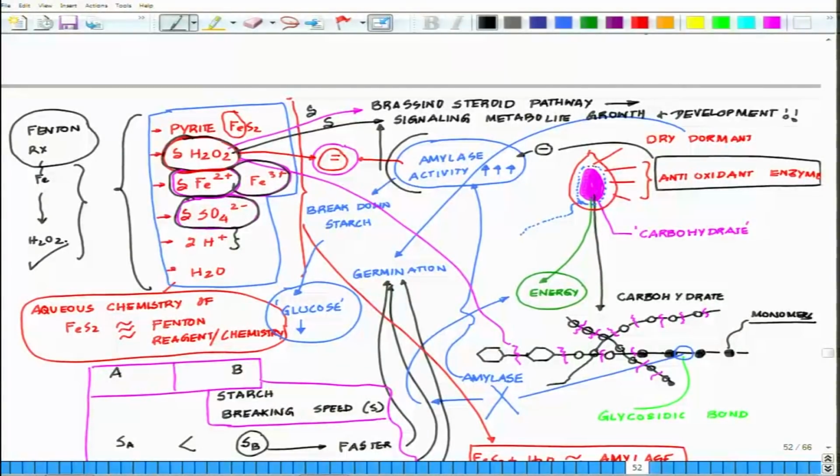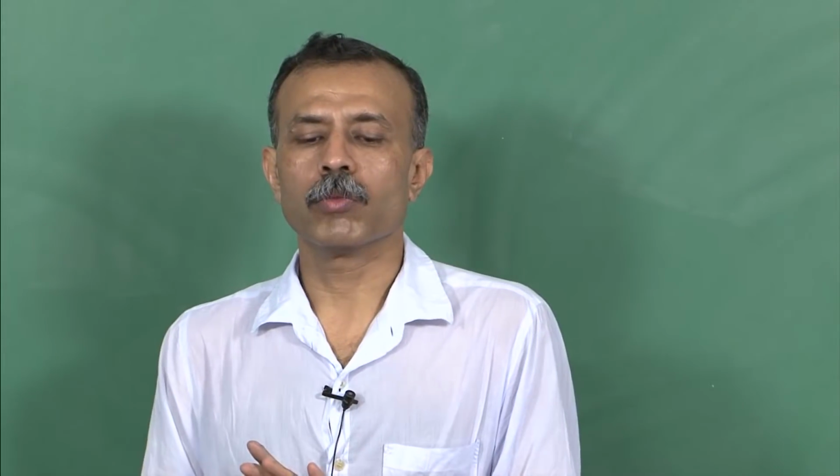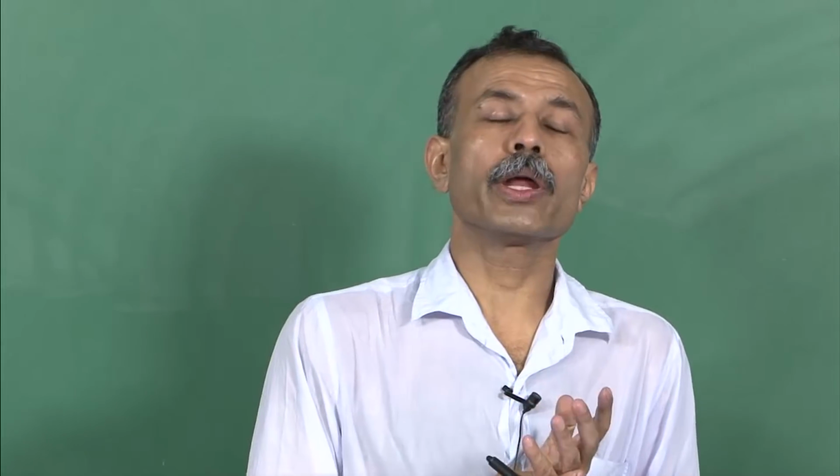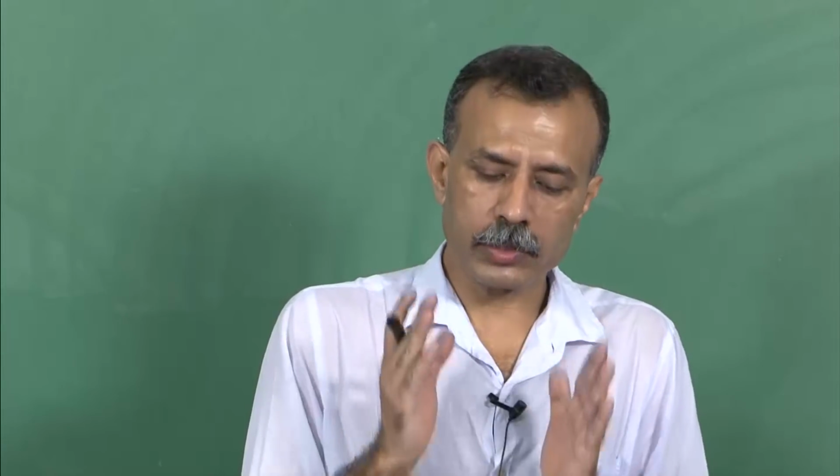While mimicking Fenton chemistry, it generates hydrogen peroxide, which mimics amylase activity, and just like amylase, it breaks down or chops off the glycosidic linkage, thereby increasing the possibility of the plant to absorb more or get more energy in the shortest possible time.